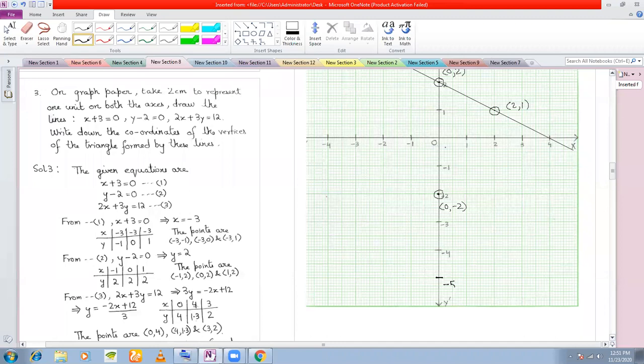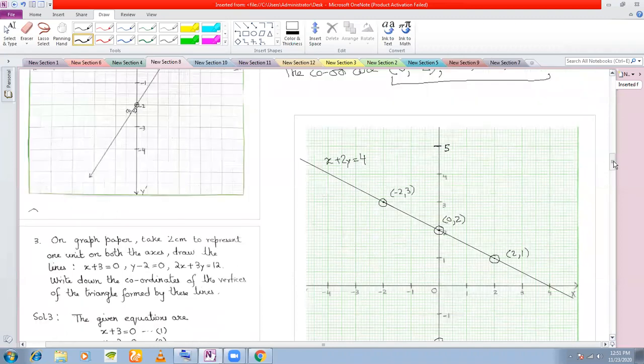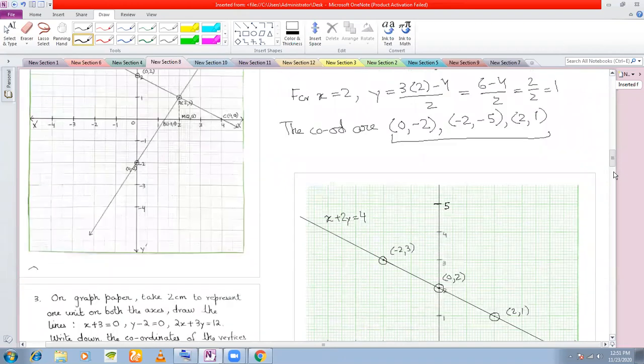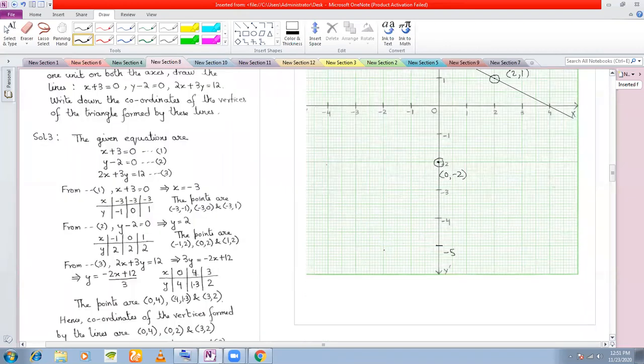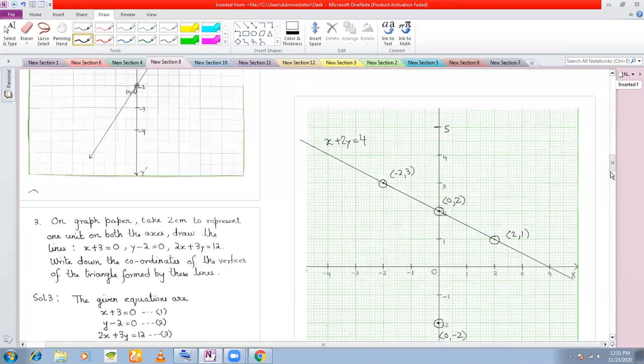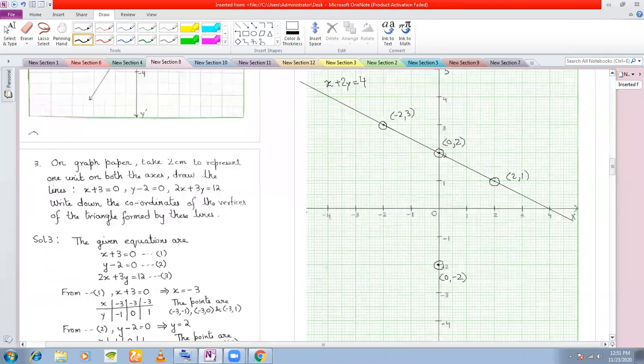Let us mark these 2 points. So minus 2, minus 5 will be a point here. Okay, minus 2, minus 5. And the third point is 2, 1. 2, 1 will be again this point which you have already plotted here.